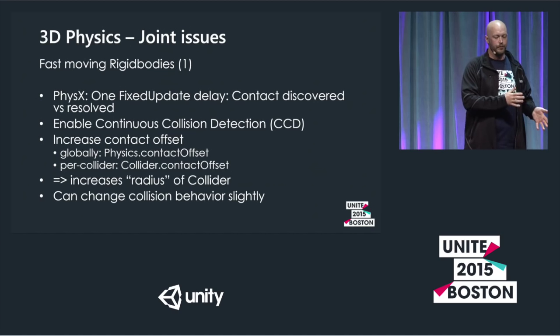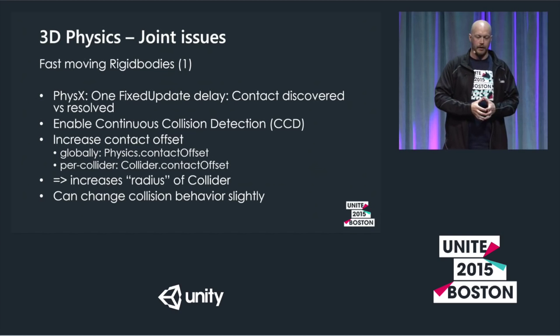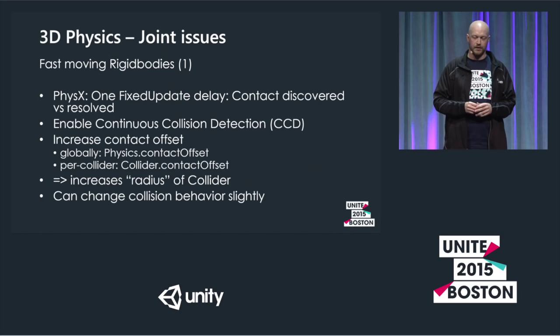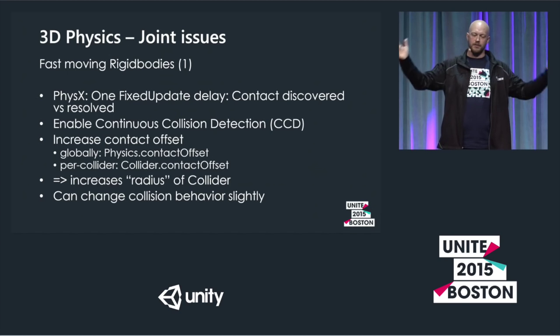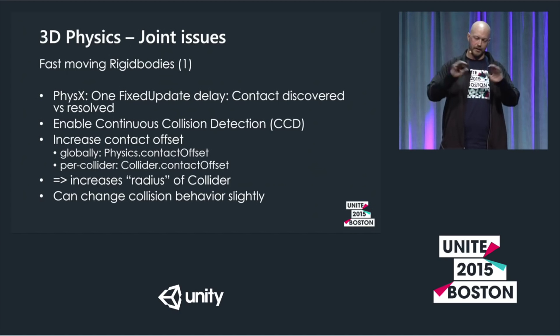Another thing you can do, on the other hand, is increase something called the contact offset. The contact offset is a number that tells the physics system how far out in space it should start searching for contacts.